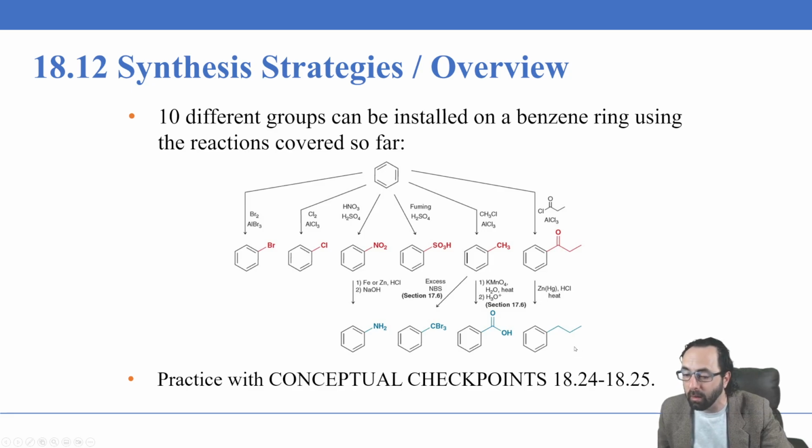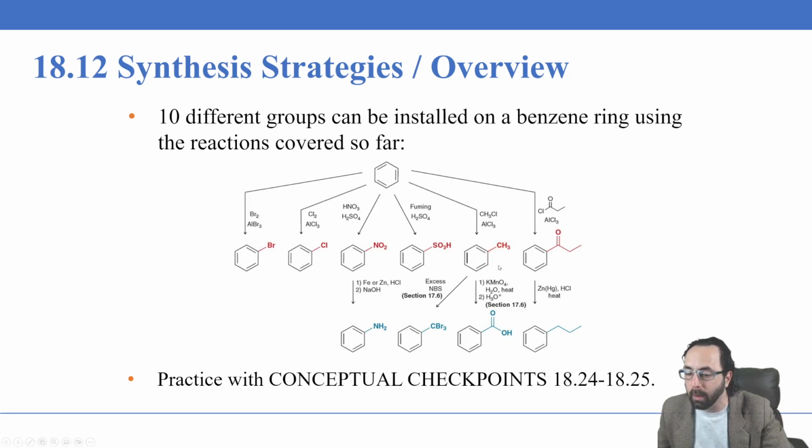In addition, in the last chapter, we learned about how we can do benzylic bromination through the use of NBS to brominate a benzylic position on a carbon attached to a benzene ring.